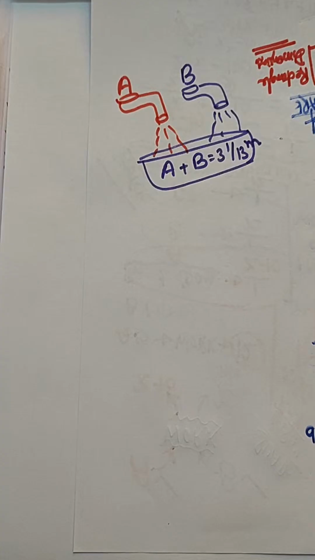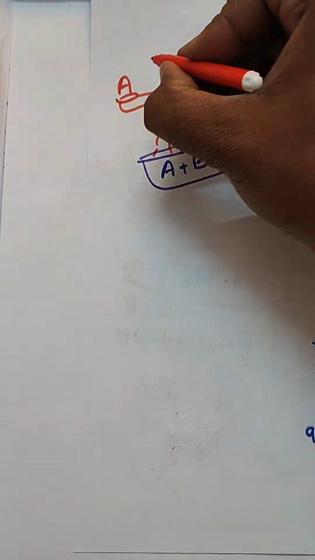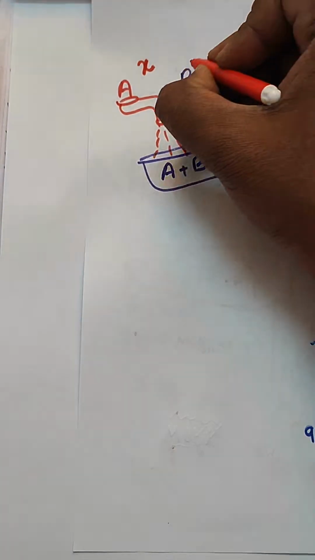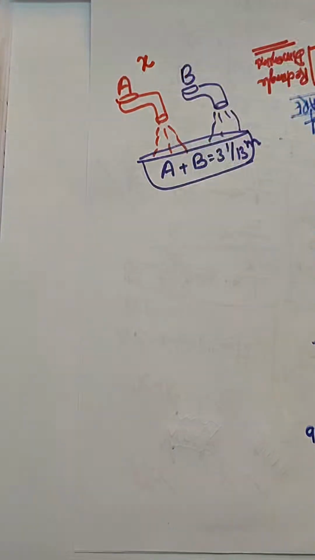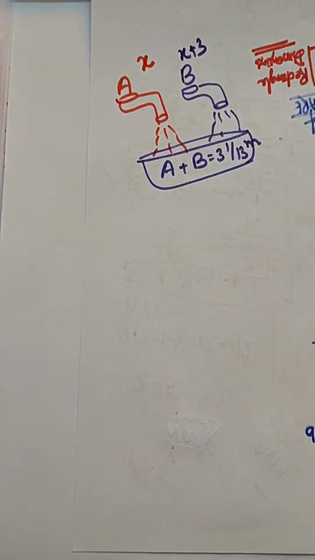Then if one pipe takes 3 minutes more than the other, let us assume A takes x minutes to fill the tank, then it's given that B takes 3 minutes more. So we can say that B is x plus 3, right?